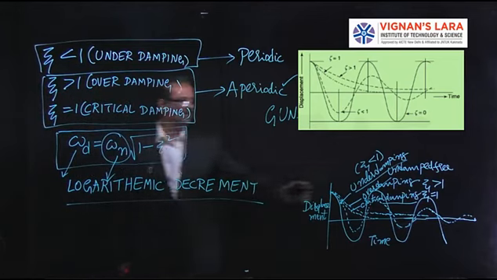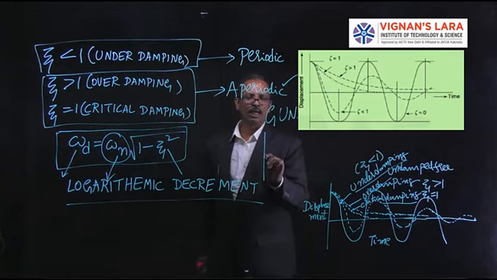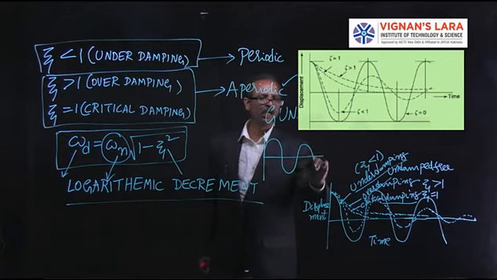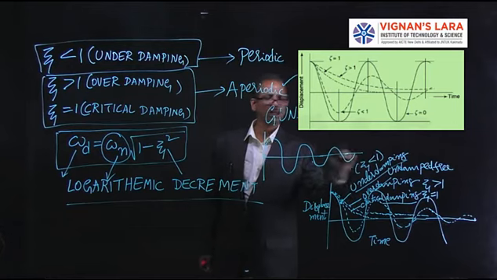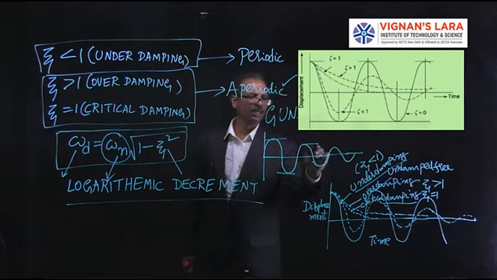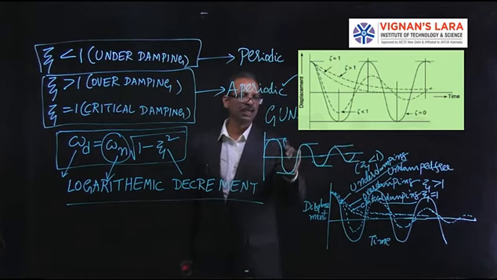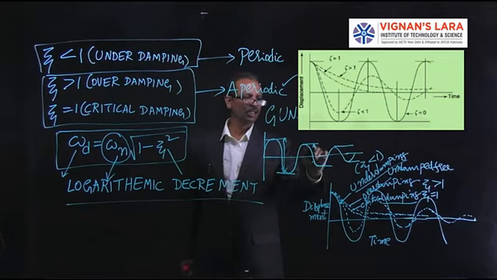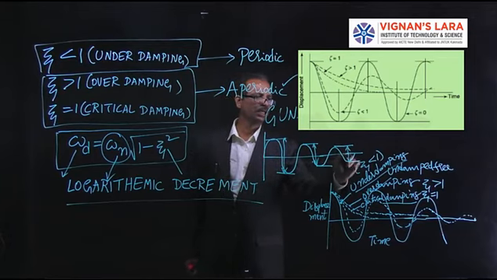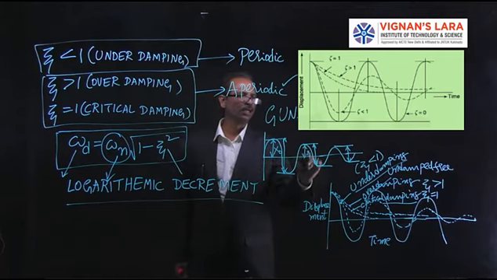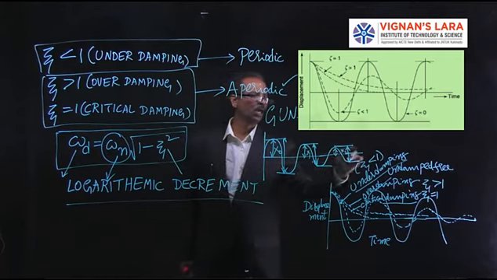If you look at an under damped vibration, the vibration will decay in such a manner that there will be a certain amount of decay from cycle to cycle. Say this is the original amplitude initially, then the next cycle, next cycle, next cycle. Suppose I take the amplitude initially as x0, then x1, then x2, and so on up to xn.